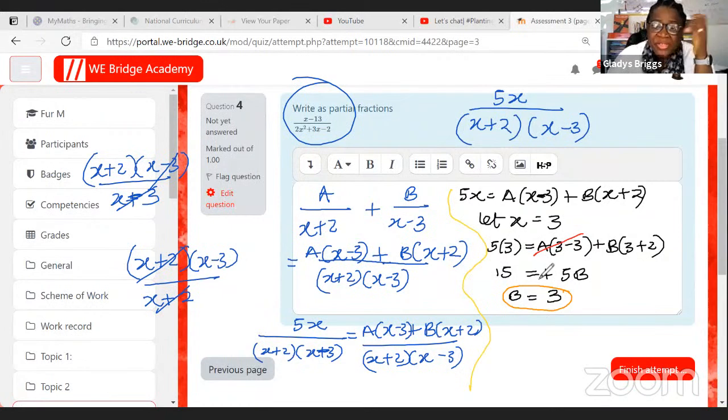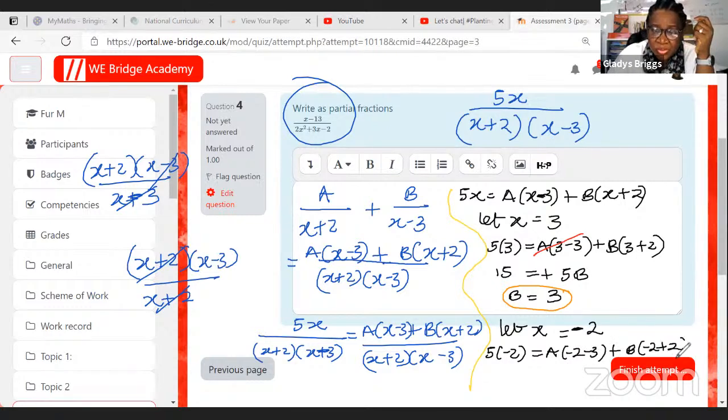Now, you can do the same thing again to eliminate B to find A. If we put negative 2 here, then that will make it become 0. So let x be equal to negative 2. Then 5 times negative 2 is equal to A times negative 2 minus 3 plus B times negative 2 plus 2.